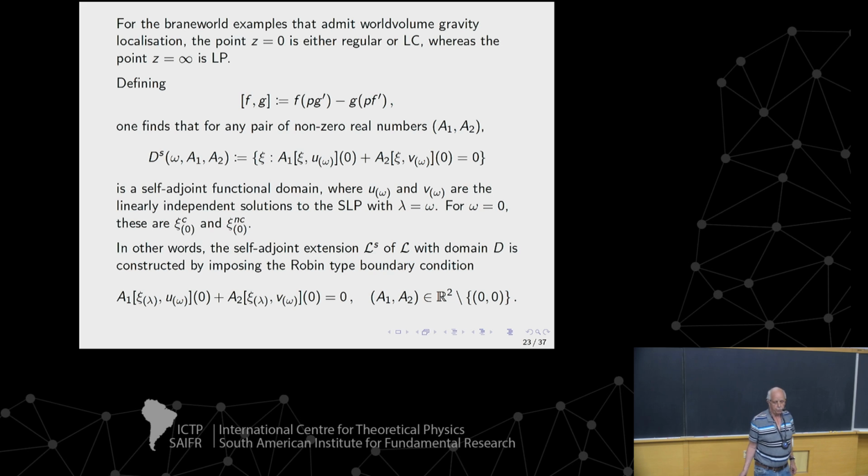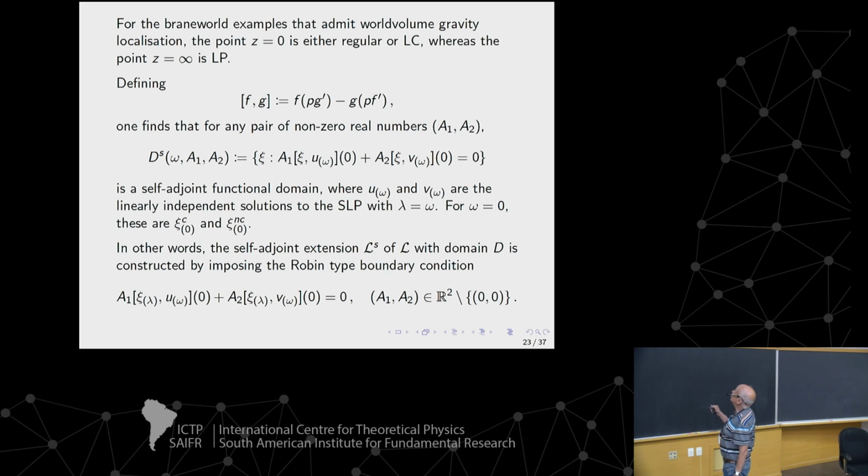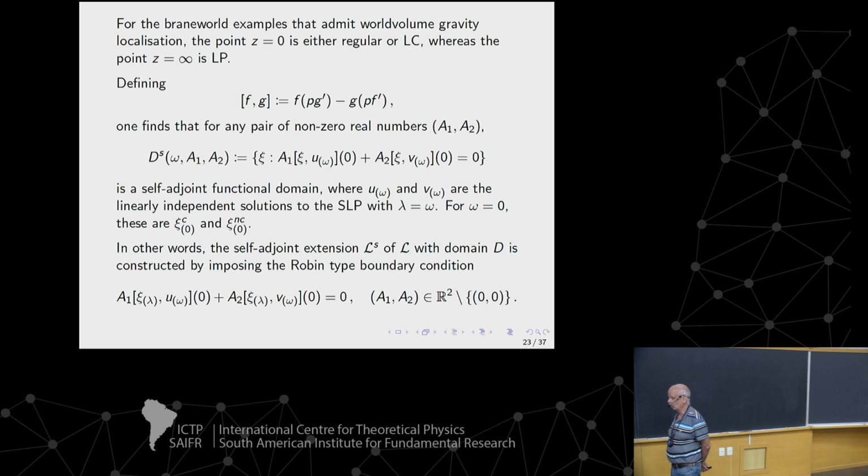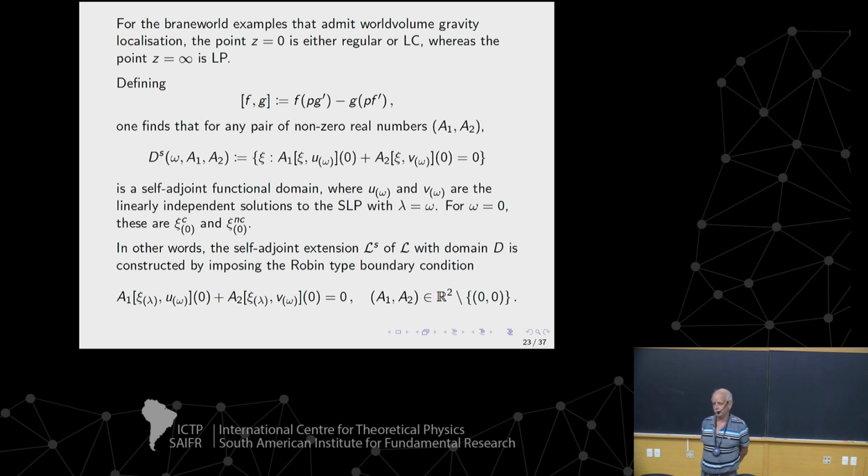Then you introduce a certain notion of a bracket. The reason for going through all of this is that actually one has to characterize the boundary conditions that give rise to this localization phenomenon. And the self-adjoint extension, now, by the way, this is the story, I don't know about you, but when I learned differential equations as an undergraduate, second order differential equations not too bad and so forth, self-adjointness.